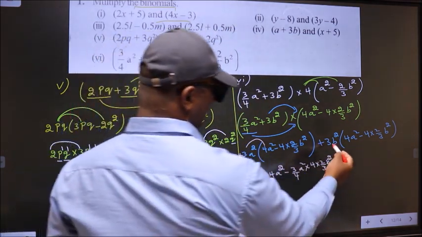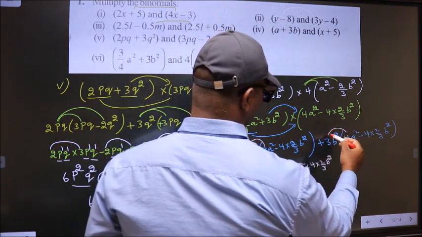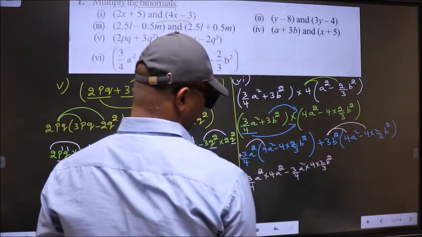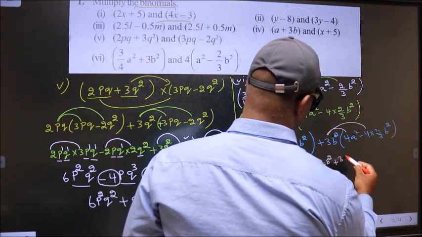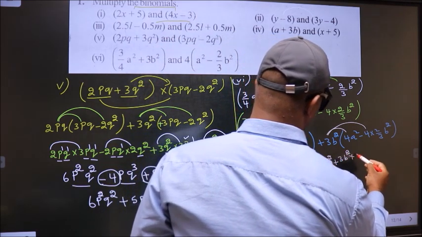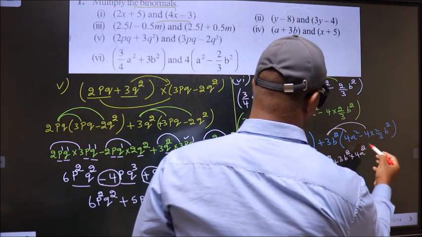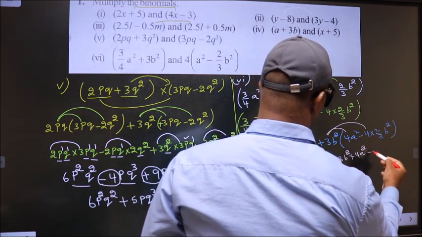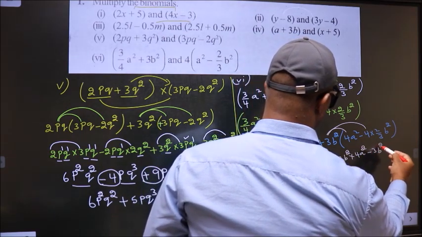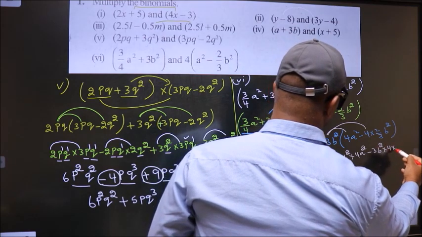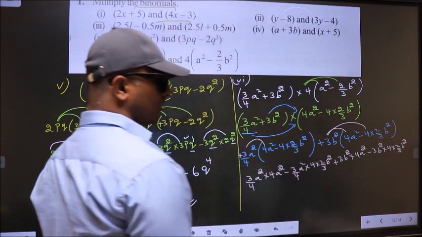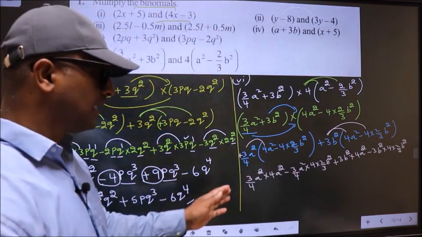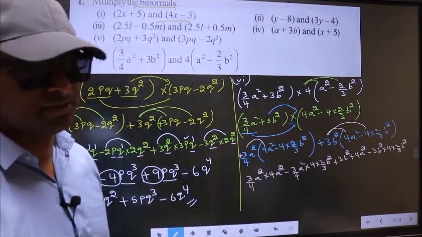Okay, now with plus 3B square you open the brackets. So we get plus 3B square into 4A square. Now plus into minus, minus 3B square into 4 into 2 by 3 B square. Okay. Now let us simplify each term.